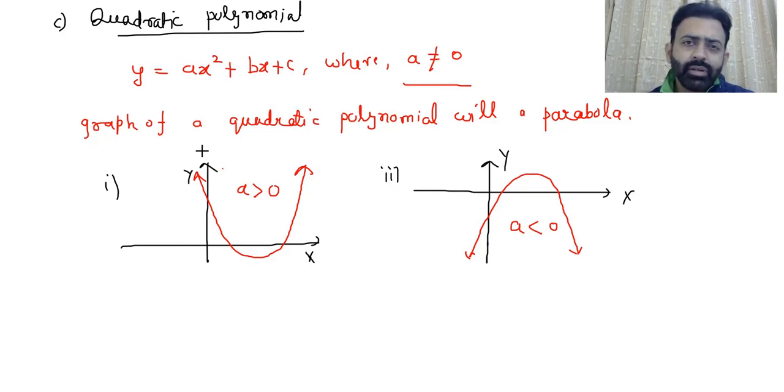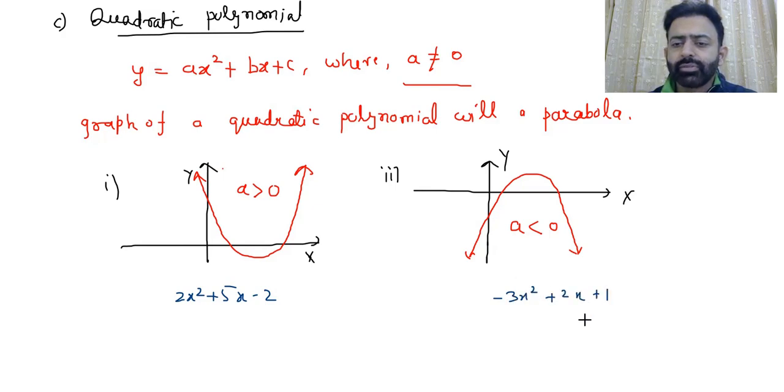So for example, if a is positive, you can consider one example of the type, let us say 2x square plus 5x minus 2, okay? And if this is negative, then you can say minus 3x square plus 2x plus 1, okay? And I'm not going into whether this will have complex roots or if roots are possible or not.